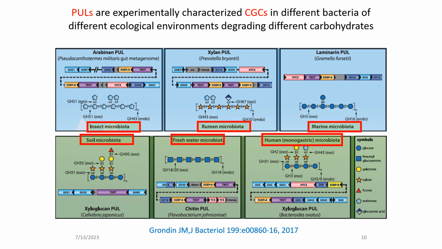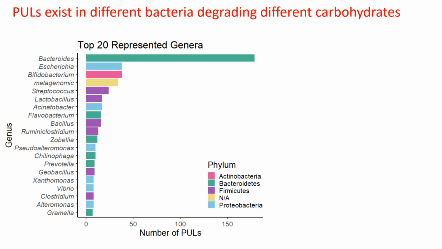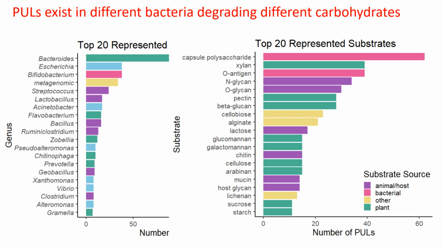That indicates that CAZymes forming CGCs is a general mechanism in bacteria living in any carbohydrate-rich environment. The top ranked genera are from Bacteroides, Proteobacteria, Firmicutes, and Actinobacteria. The top ranked substrates are from plant, but also animal host and bacteria.